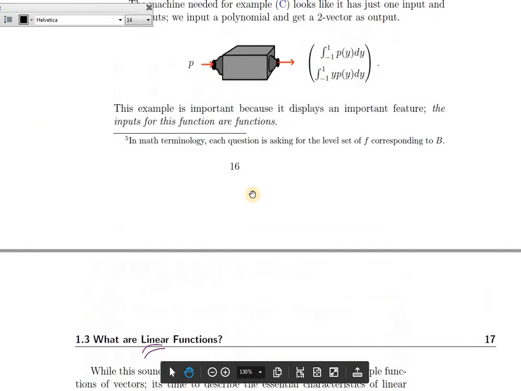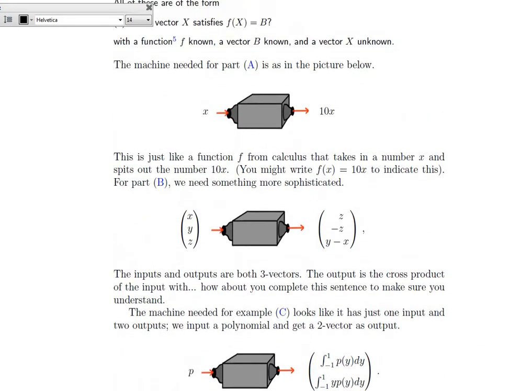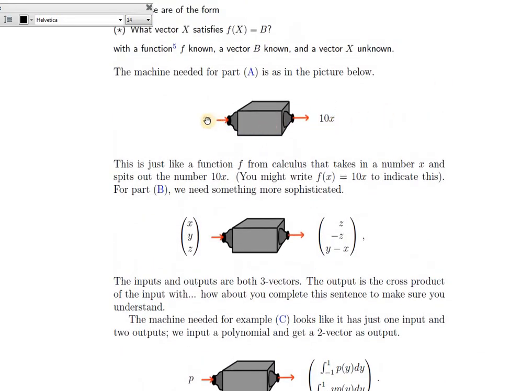Oh, by the way, if you see these pictures, these are pictures of functions. You may have seen this idea of a function as a black box with inputs and outputs. Here's a simple function with one input and one output. You input x, you output 10x. Here's a more complicated function where you input 3 numbers, which you may recognize as a 3 vector, and I output 3 numbers, which is another 3 vector.